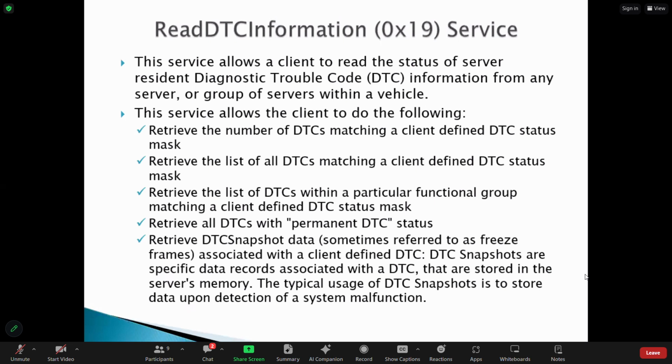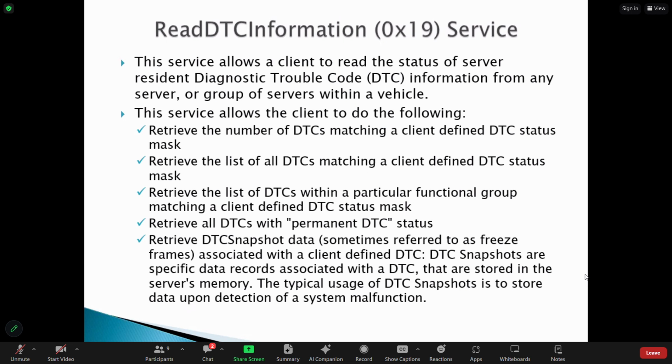Now we'll see this: the Read DTC Information service, that is 0x19, the 19 service request. So this is the service we are going to see.